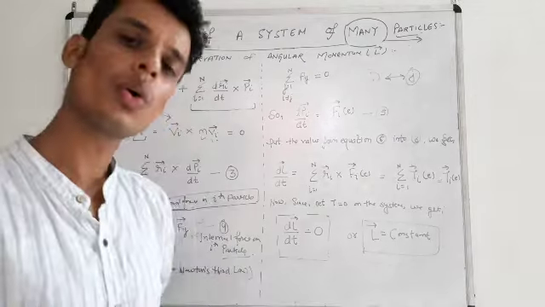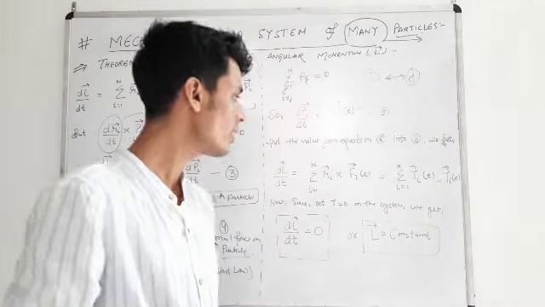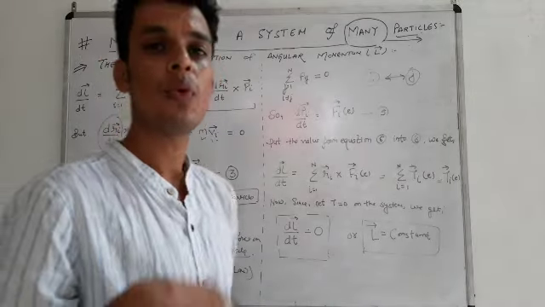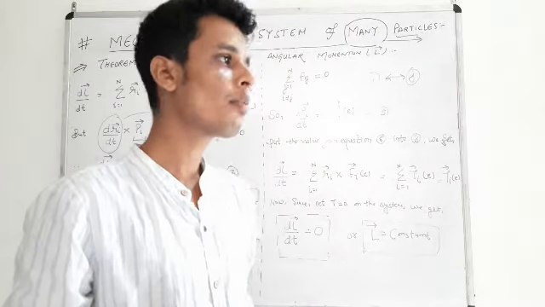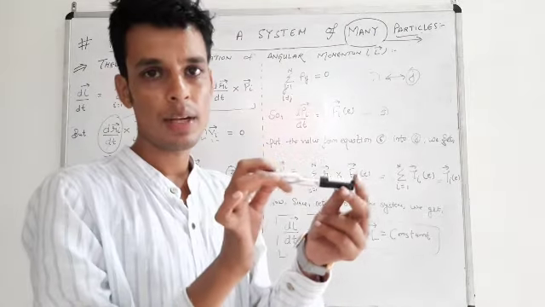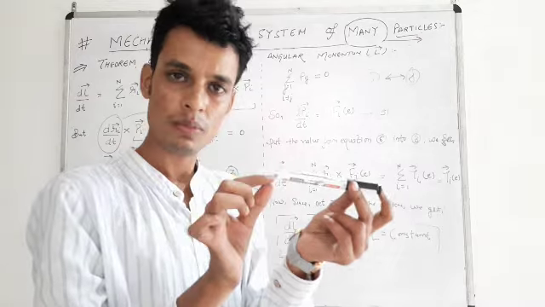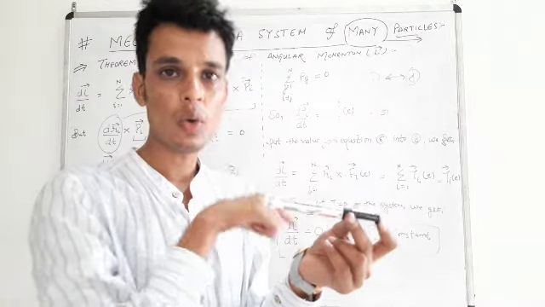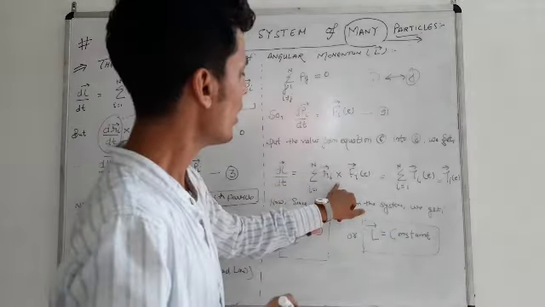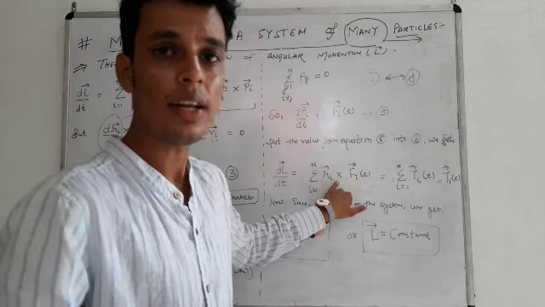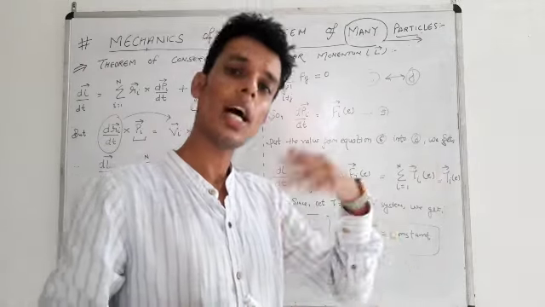We have already discussed torque in previous lectures. When we apply some force on a particle and take the cross product of that force with the position vector of that particle, we get the torque on that particle.